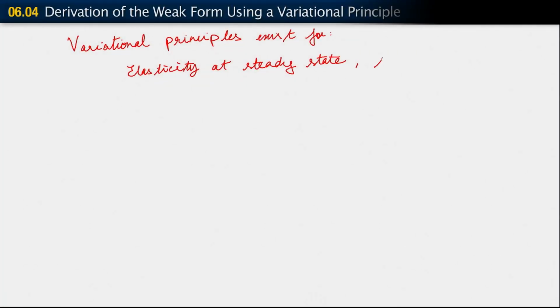Schrödinger equation, also at steady state.